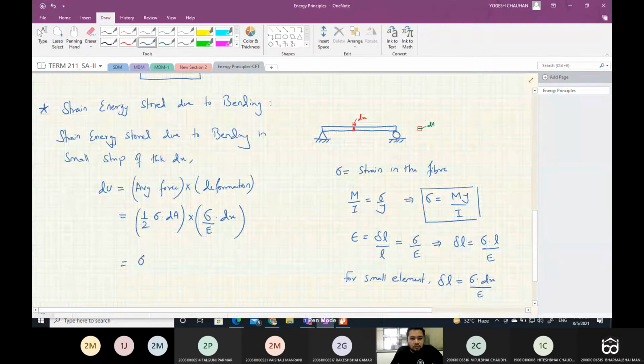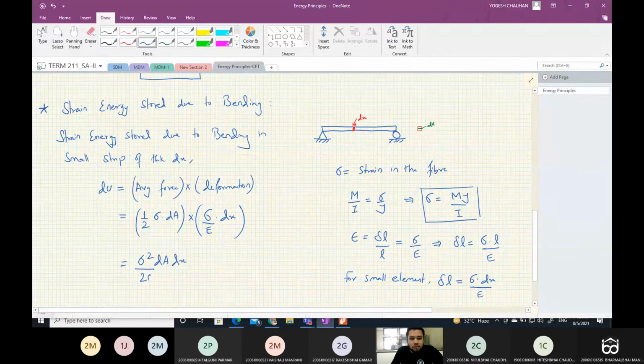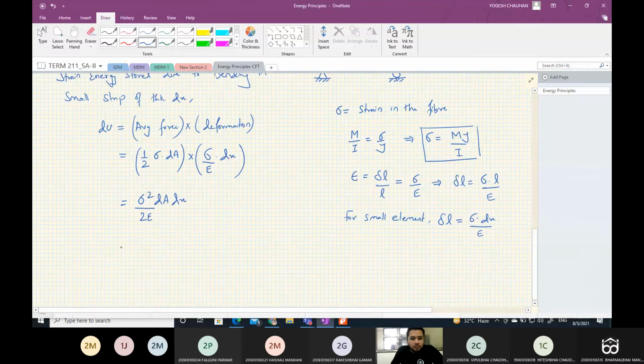We can write this as sigma square dA dx by 2E. Now what is this sigma square? It is M by I into y. So we can write this as (My by I) whole square by 2E dA dx.